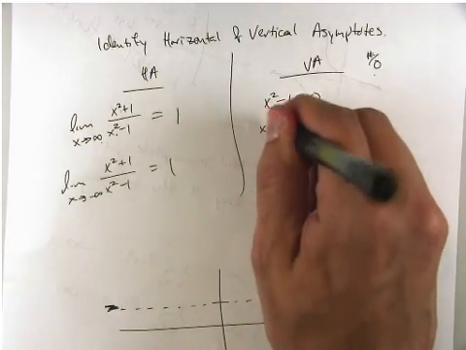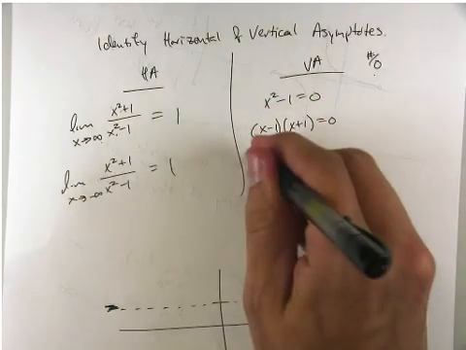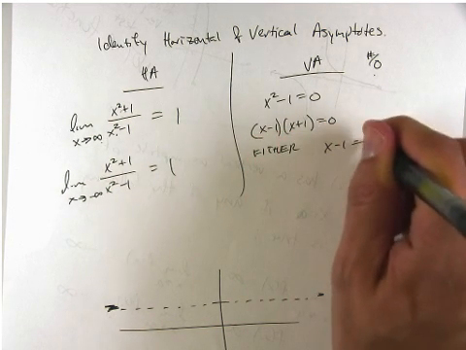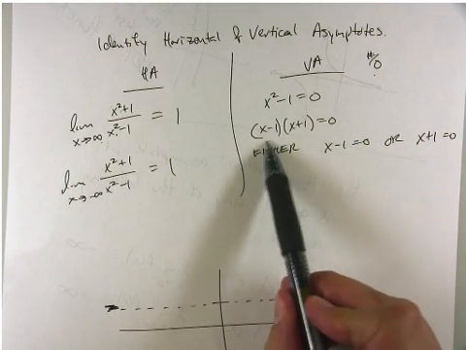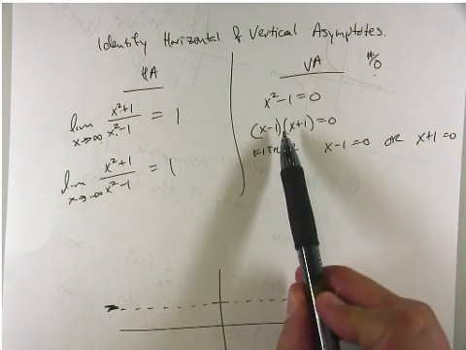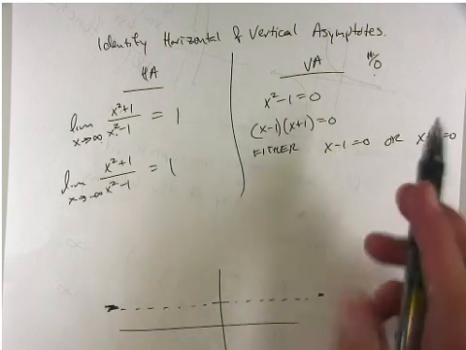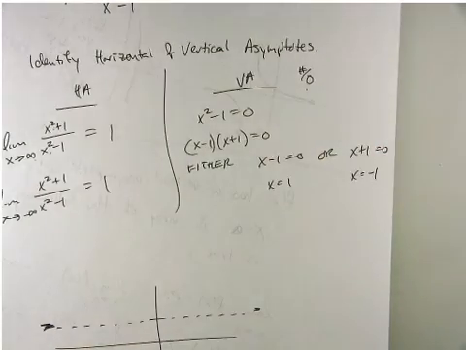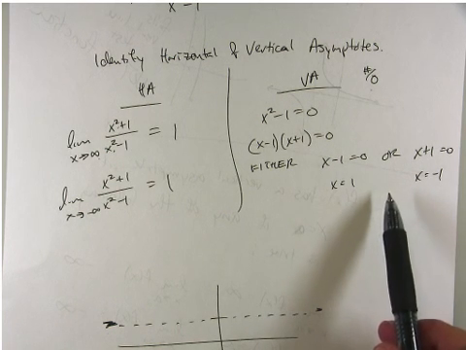That means that x minus 1 times x plus 1 is 0, which means that either x minus 1 equals 0 or x plus 1 equals 0. Remember, anytime you have a product equal to 0, one of the factors must be 0. If x minus 1 is 0, that means that x is 1. If x plus 1 is 0, that means that x is negative 1. So these are my two suspects for vertical asymptotes.